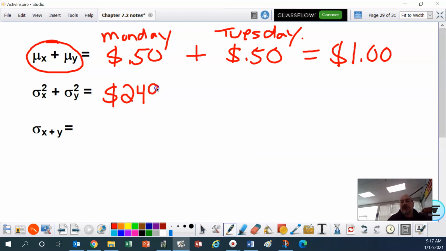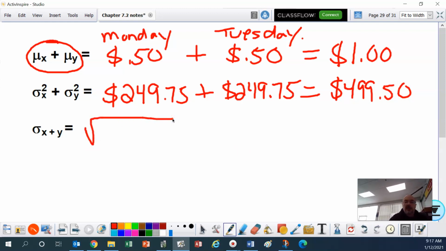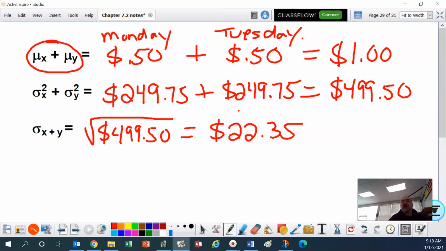So we take the variance of Monday plus the variance of Tuesday, and add them together, the variance is 499.50. Okay, now to do the standard deviation, we take the square root of 499.50, and we're going to find out that the standard deviation is $22.35.